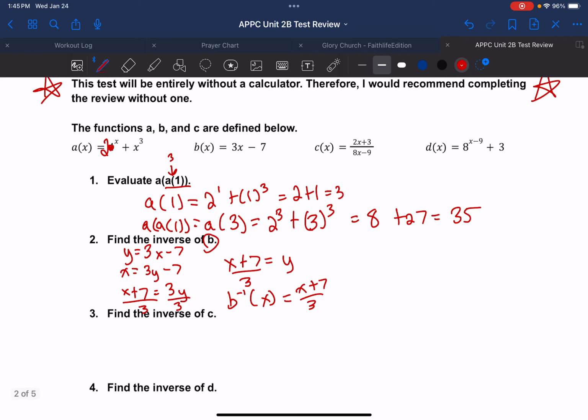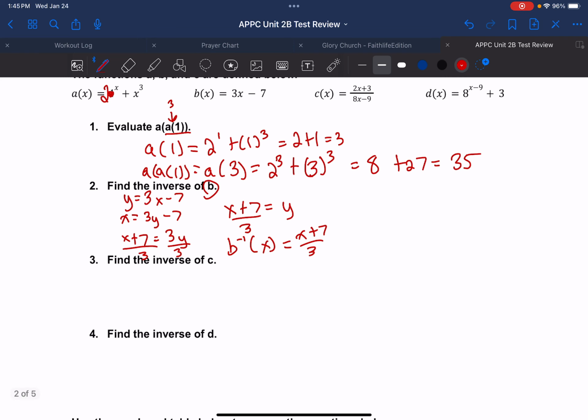Okay, then for c, this one's a little bit more involved because I've got a rational function, x in the numerator and denominator, but let's work through it. So step by step here, I write it with y, and you're going to switch it both places.